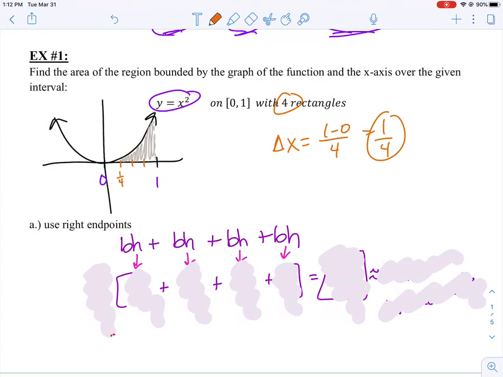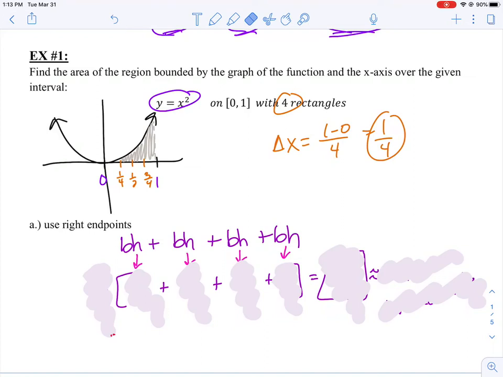And so the first rectangle is going to be over at 1/4. Then the next rectangle is going to be another 1/4 wide. So I have 1/4, I have 2/4, I have 3/4, I have 4/4. So I know exactly on my x-axis where each of those rectangles are going to be. Okay? Example number 1a asks us to use right endpoints of our rectangles.